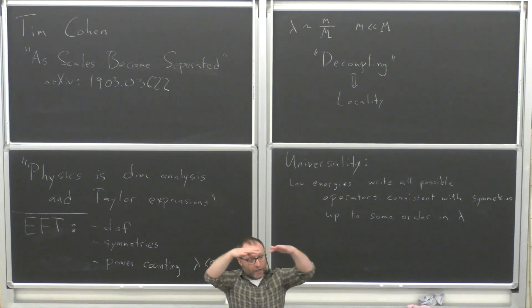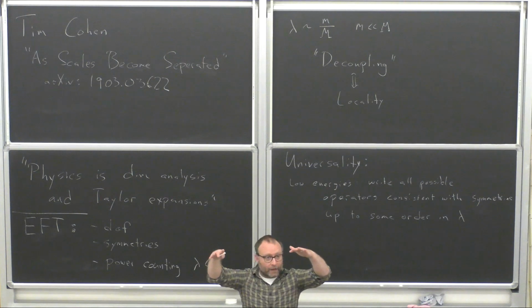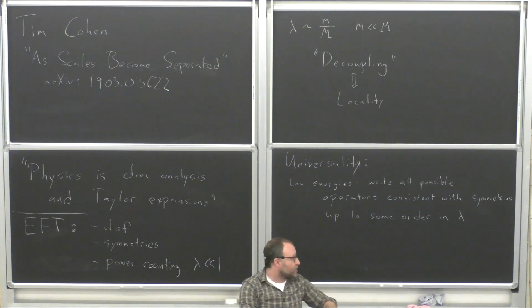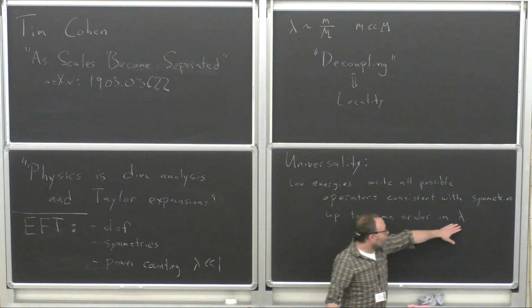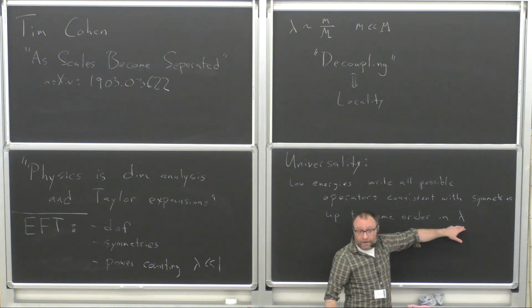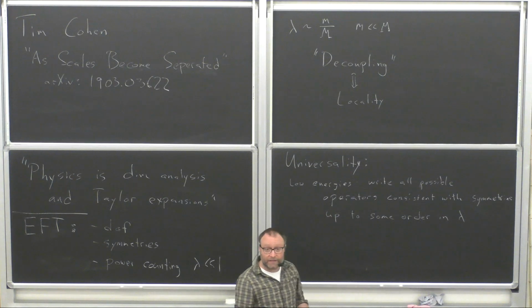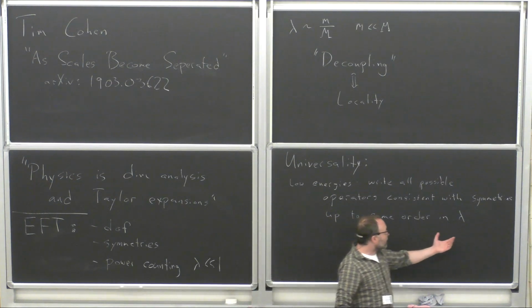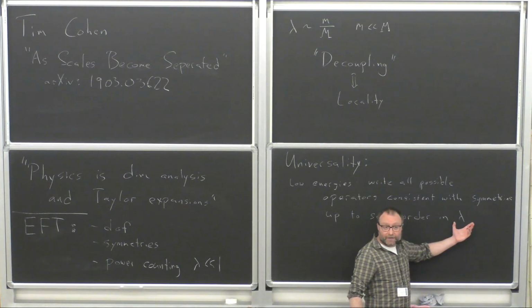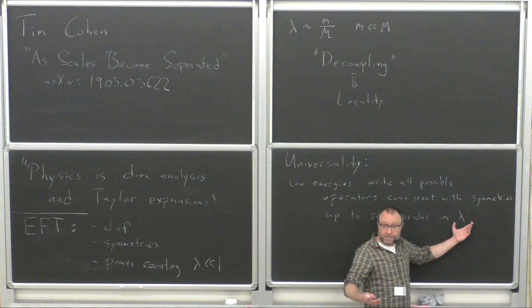And depending on their details, any number of them could give us the same predictions at low energies, where we're always thinking in terms of there being some error on both the measurements we can make and the predictions we can make. Okay, so you should always think about your quantum field theory as an effective field theory, where really you're only understanding the theory up to some order in this small parameter.